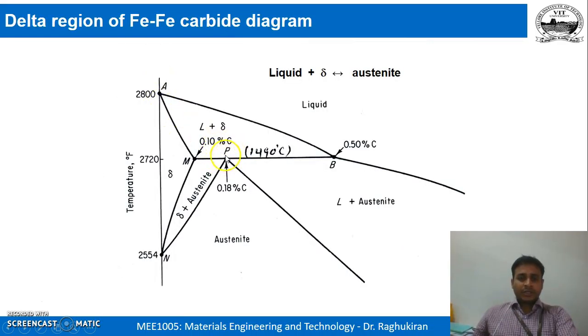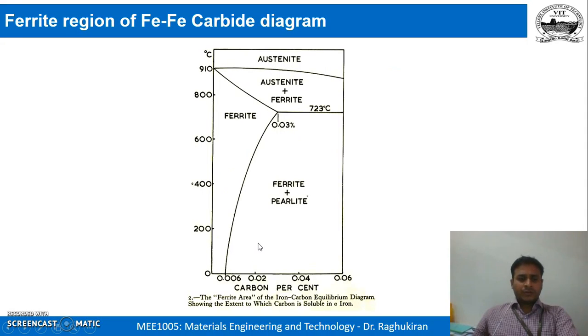It is in a closed loop. This is the point, the peritectic point. It is happening at around this temperature, 1100 and odd degrees, and it converts liquid plus delta into austenite.